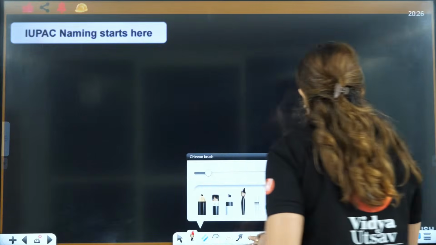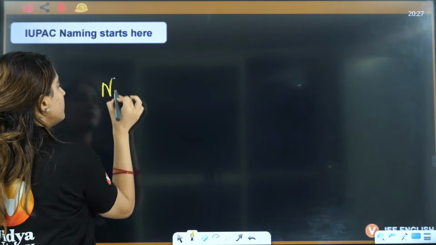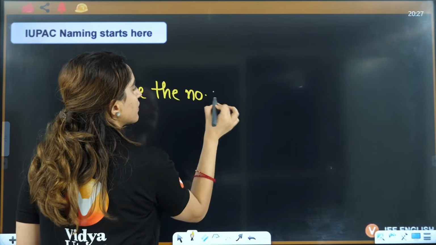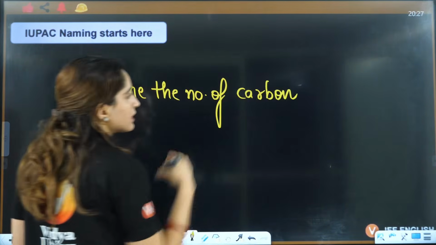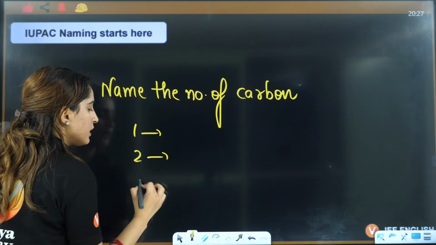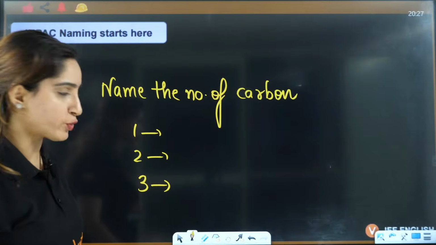IUPAC naming, and for that you need to understand the names for the number of carbons, right? If in a compound you have 1 carbon, 2 carbon, 3 carbon, what is the name that you will give to it, right?